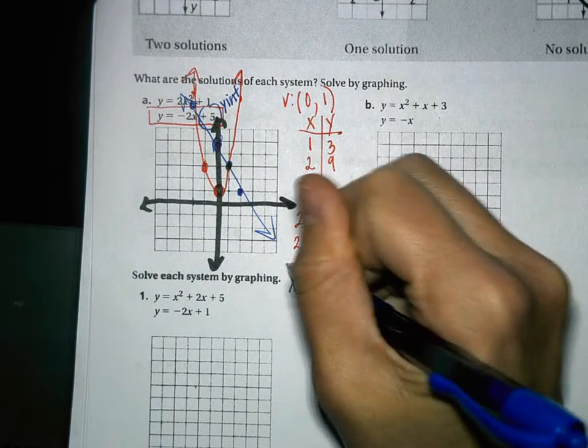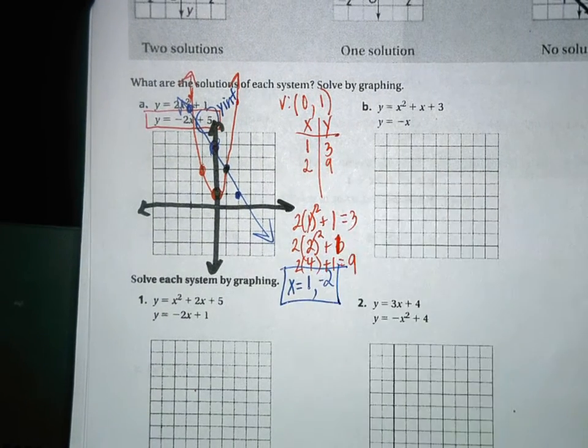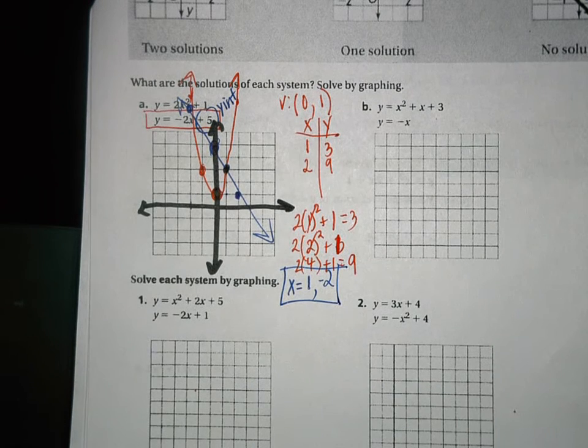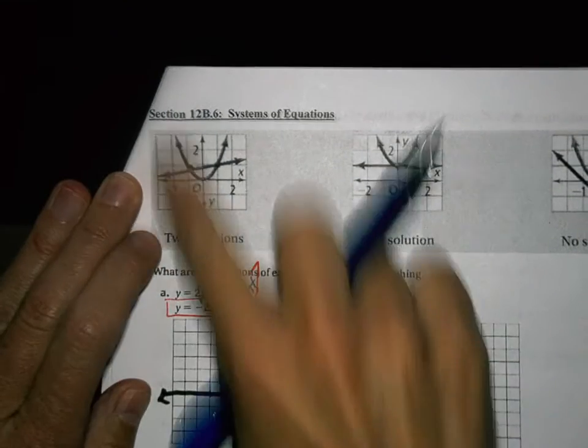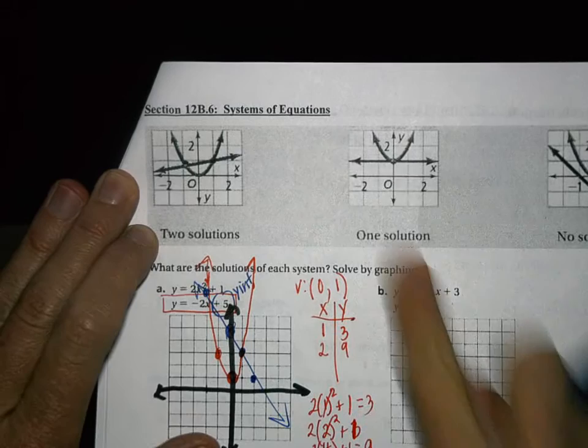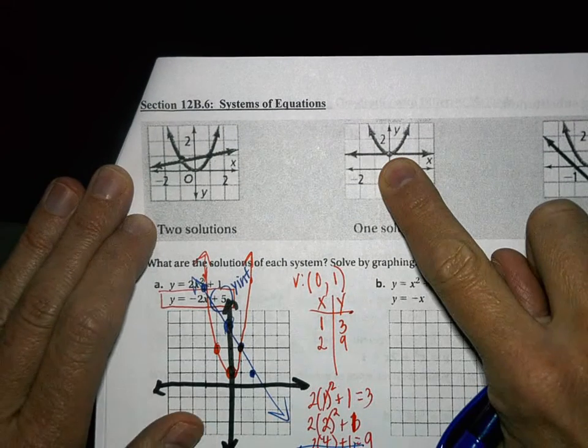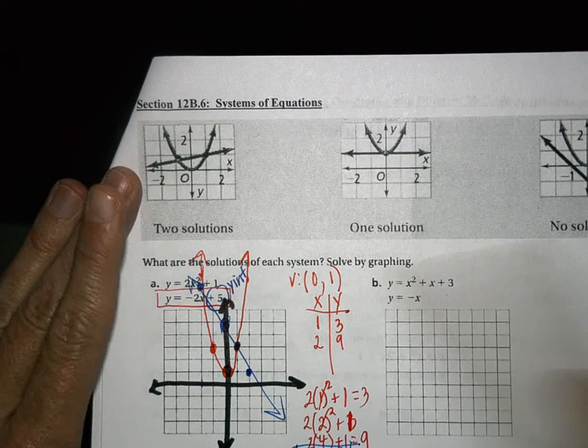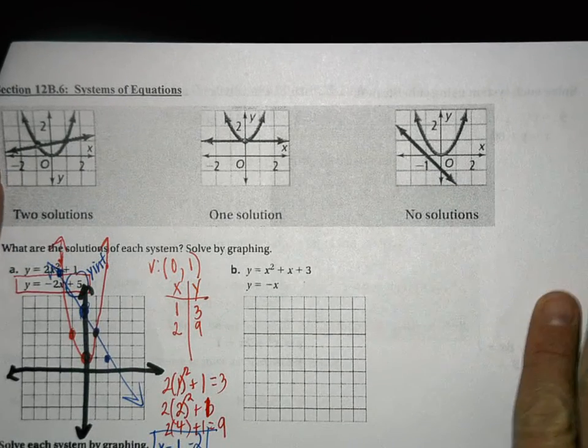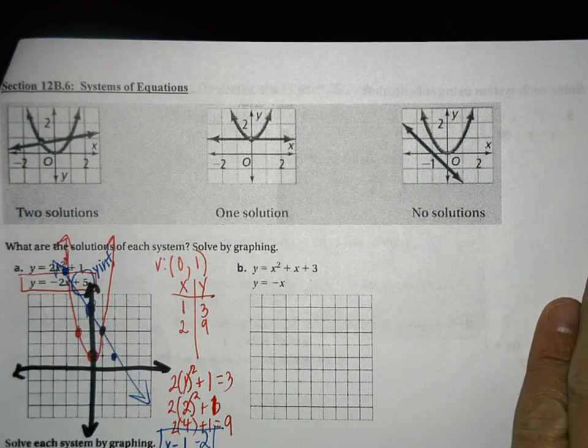So these would be my answers for A. You're trying to find the points where they intersect. You can see on here how they intersect at 2 places, so it has 2 solutions. Sometimes they just intersect at the vertex and have 1 solution. And sometimes they don't intersect at all and have no solutions. So this one had 2 solutions.